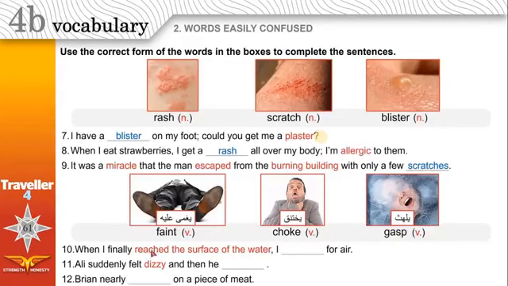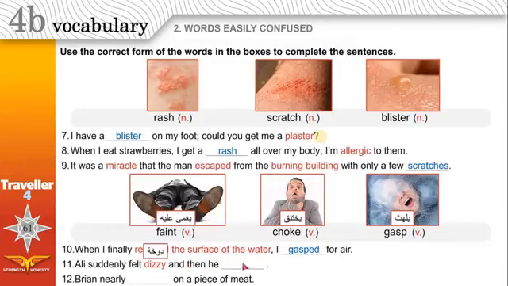When I finally reached the surface of the water, the very top side of the water, I gasped for air. I was trying very hard to breathe. Ali suddenly felt dizzy. When somebody feels dizzy, he or she feels that they can't control or balance themselves.